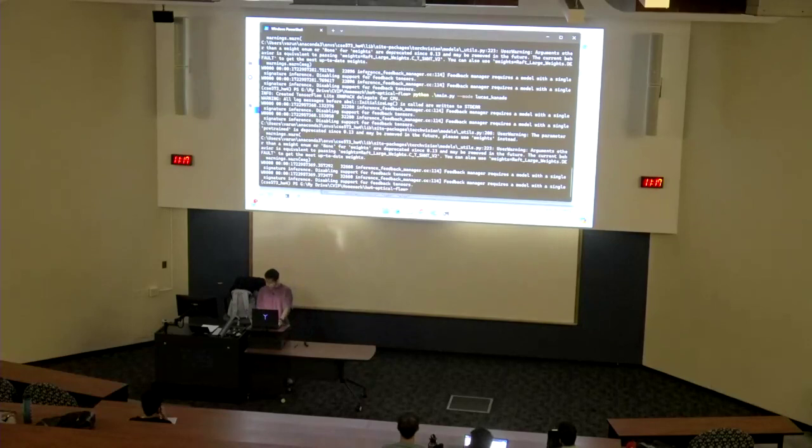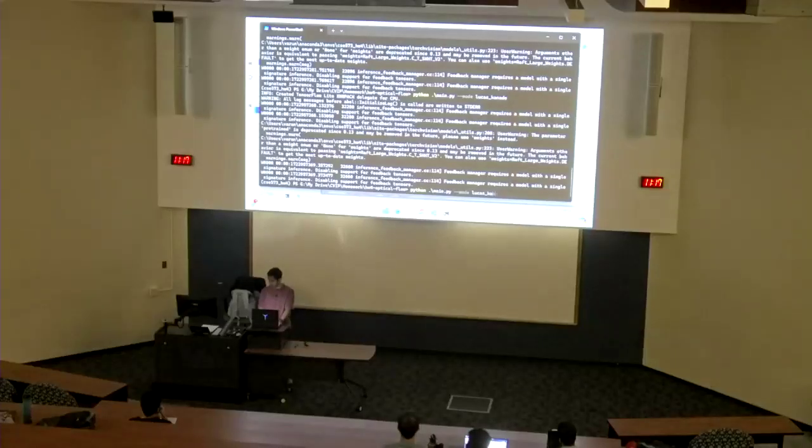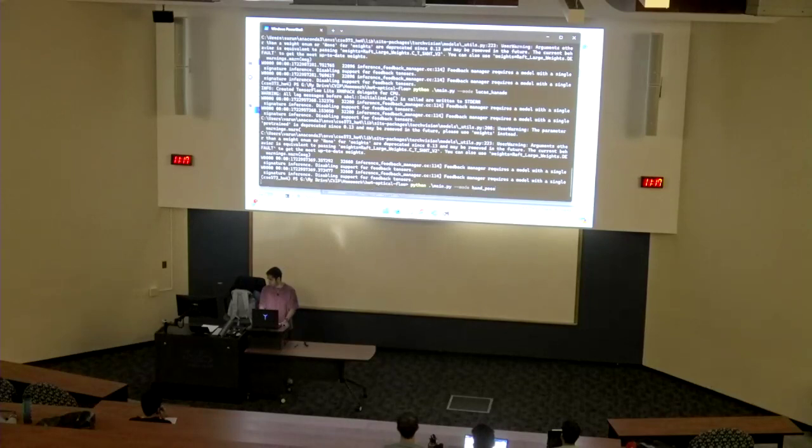Why are we doing all of these things? There is hand pose, which I'm using MediaPipe for. I was initially considering having you guys also load up a pre-trained hand pose estimation network and interact with it, but it felt like a bit much for a week.